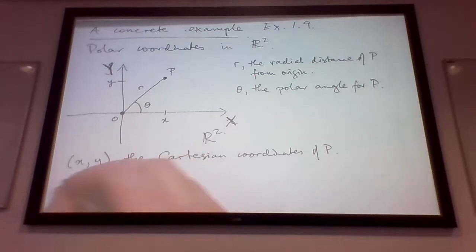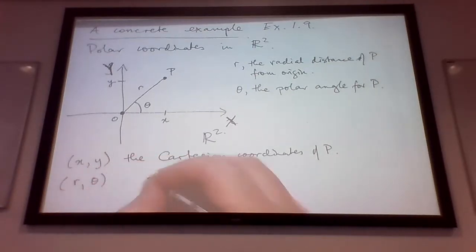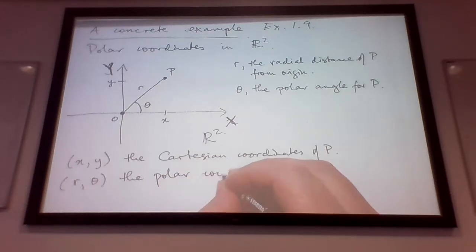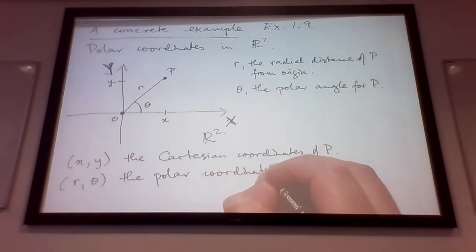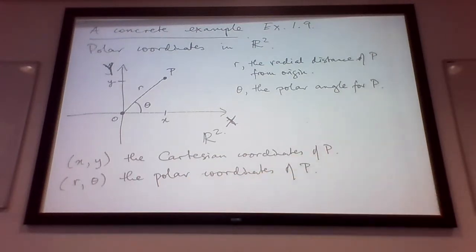And r and theta are called the polar coordinates. For some situations, the polar coordinates are more appropriate for locating points in the plane. For other situations, the Cartesian coordinates are most appropriate.